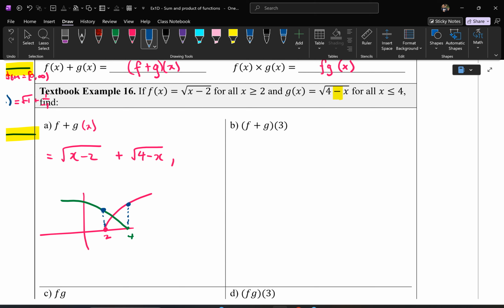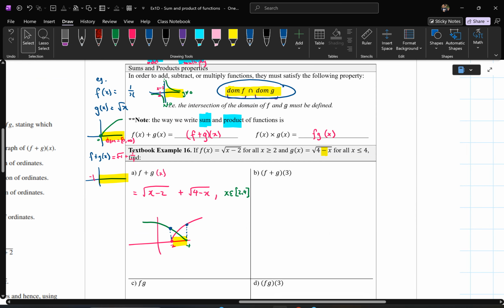These are the only two regions. Otherwise, this side is undefined and that side is undefined. So the only part they share is from 2 to 4. So here's my answer. You would say x is an element of 2 to 4.